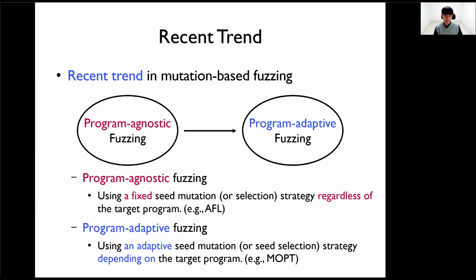That is, the criteria for selecting or mutating the seed during the testing do not change at all. On the other hand, program-adaptive fuzzing techniques such as MOPT employ an adaptive seed mutation or selection strategy, which is changed for each target program.